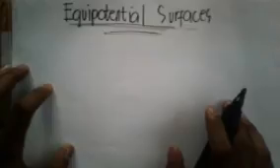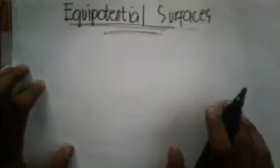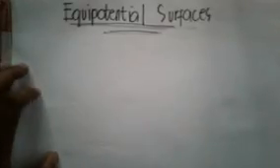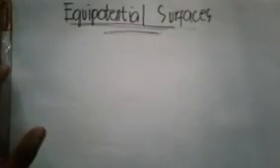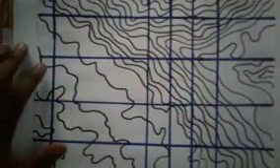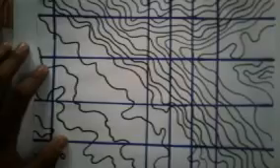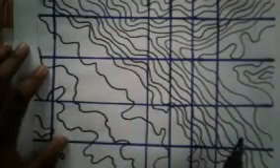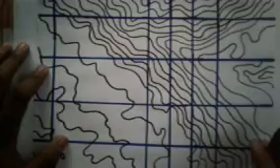These use the same fundamental idea as topographic maps, like those used by hikers and mountain climbers. This is what a topographic map looks like. The contour lines are drawn through points that are all at the same elevation.